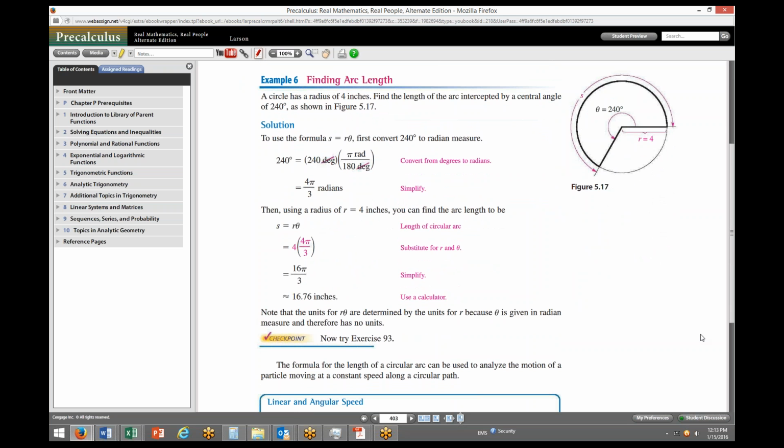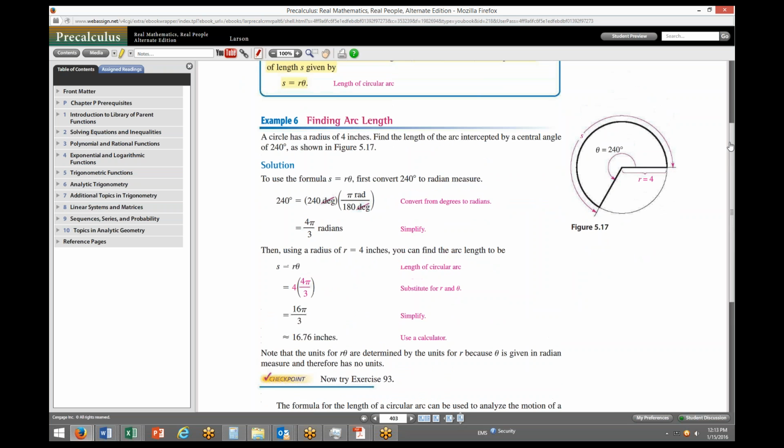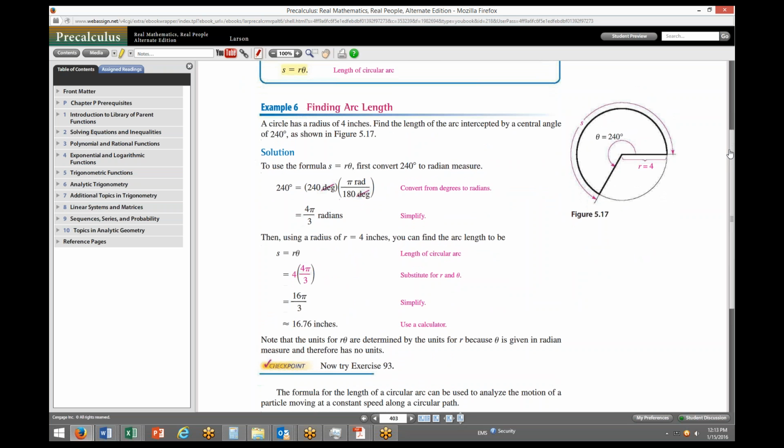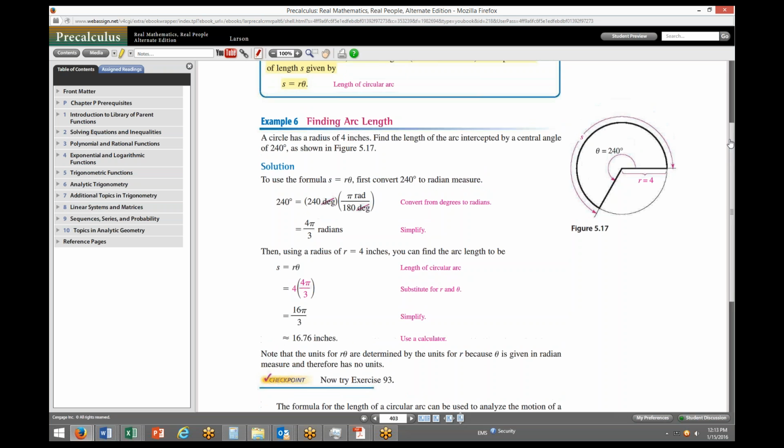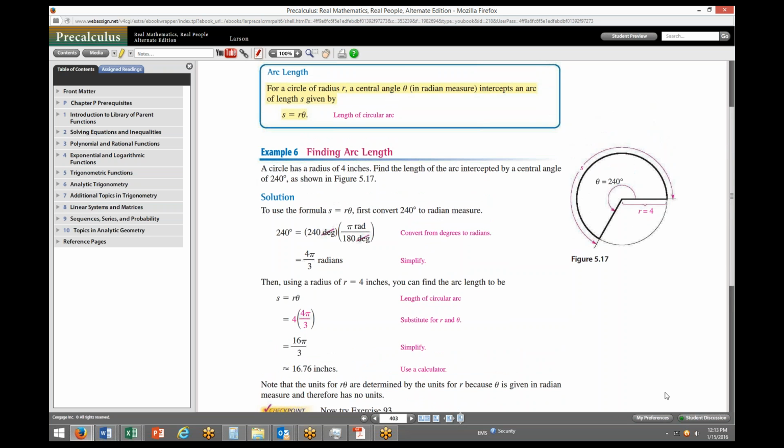Now, using that as our theta in the formula s equals r theta for the length of the circular arc, we know our theta is 4 pi over 3, so we multiply that times r, the length of the circle's radius, which is 4 inches. So 4 inches times 4 pi over 3 is 16 pi over 3.